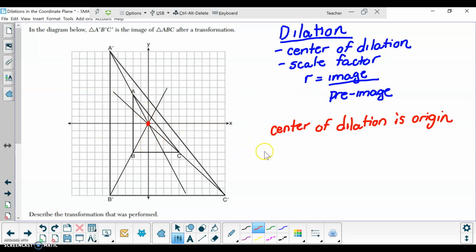All right, to figure out the scale factor, we have to look at our coordinates. You can use any pair of points that are the image and corresponding pre-image. For example, point A had coordinates -2, 4, and that gets mapped to A prime, which has coordinates negative 5, 10.